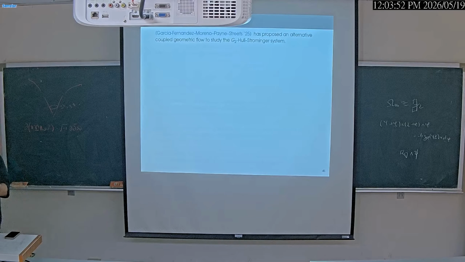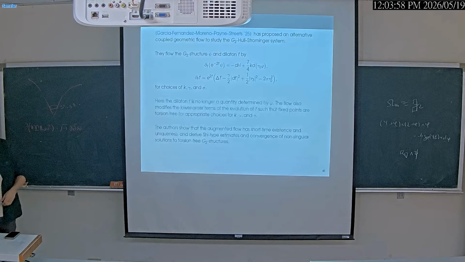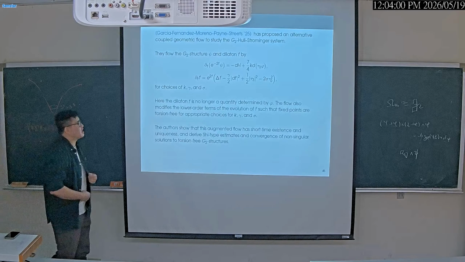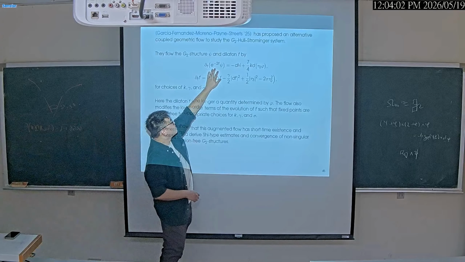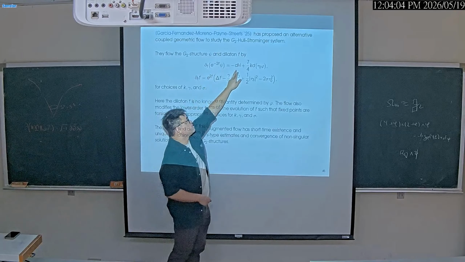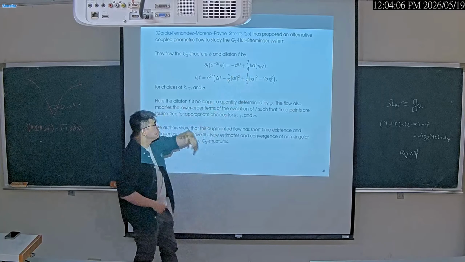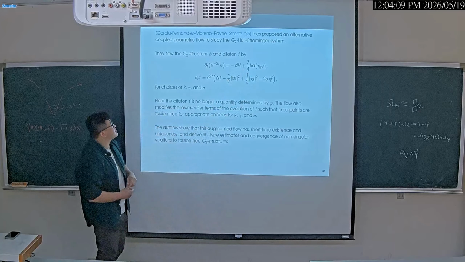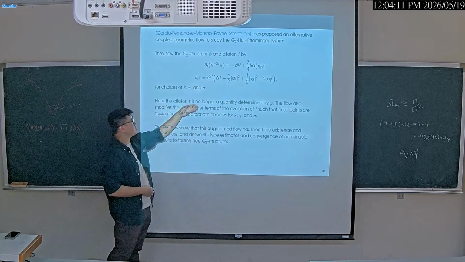So on the topic of still trying to use geometric flows to study this, there's another flow that's been proposed by Garcia Fernandez, Moreno, Payne, and Streets. It is very similar to what we've looked at. You can see that they're still flowing the conformally co-closed structure by minus dh plus correction terms, exactly. The only difference is that they've defined their dilaton differently.